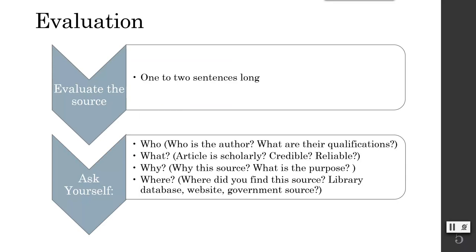The evaluation of that source may be 1 to 2 sentences long. You may be addressing the who, what, why, where regarding the article. Whatever it is about the article that really stands out to you in terms of evaluating the source, that should be the content for the evaluation.